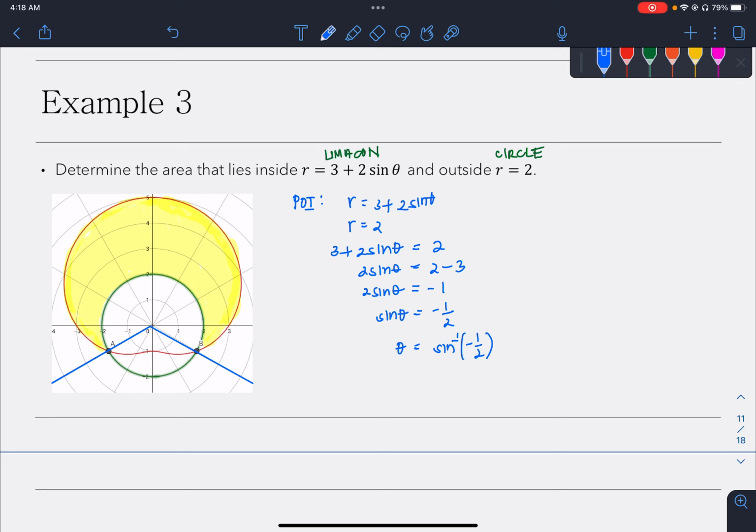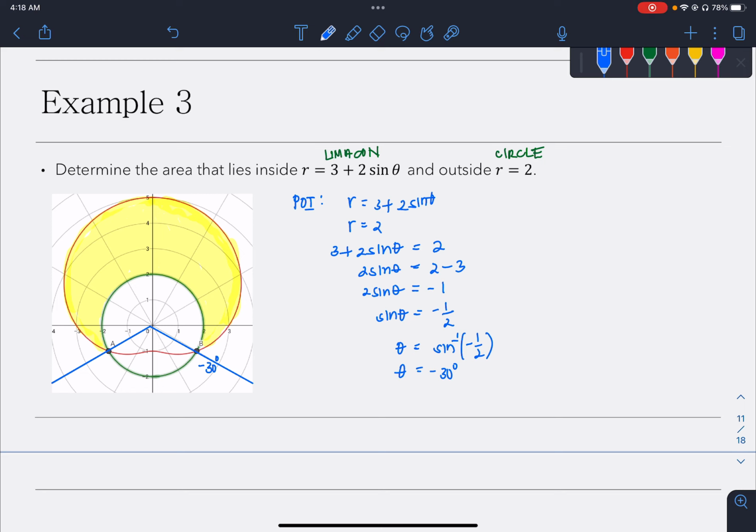So theta is negative 30 degrees. Plotting the negative 30 degrees, it appears that the one we got is actually this one. So this is the negative 30 degrees, the point of intersection in the fourth quadrant.